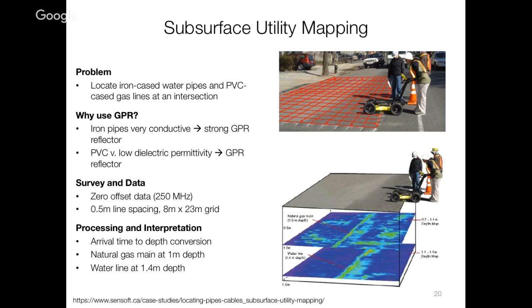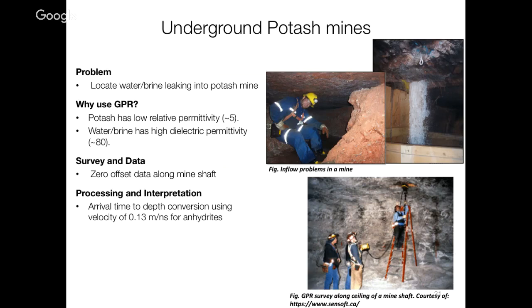The natural gas main up here at 1 meter is imaged, and at 1.4 meters, the water line is imaged. You got reflections from plastics, reflections from conductors. So GPR, as long as you can see down to that depth, has some ability to help interpret the problem.